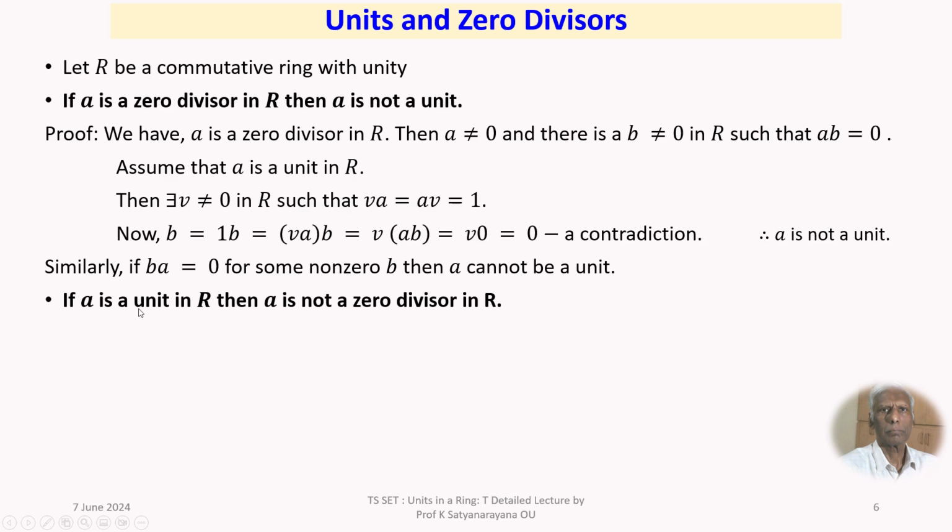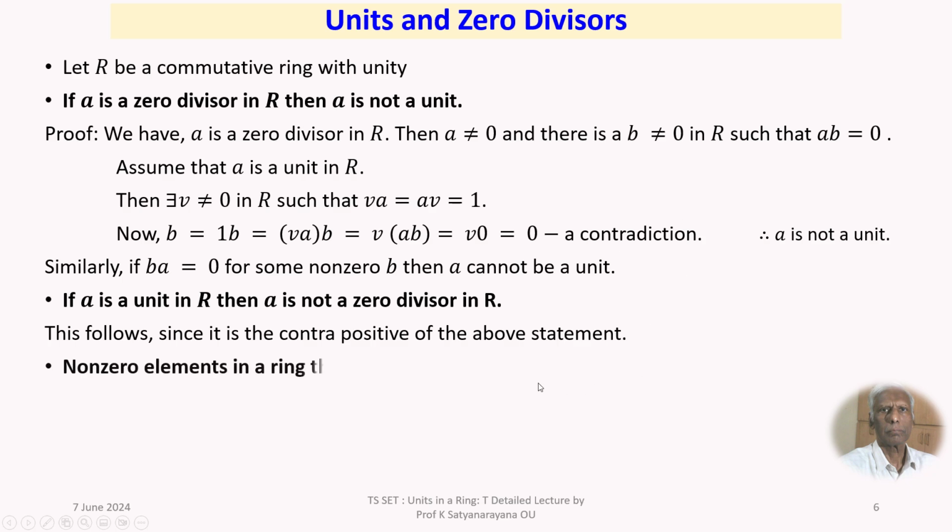That is, if A is a unit in R, then A is not a zero divisor in R. So this follows because it is a contrapositive of the above true statement. Agreed.